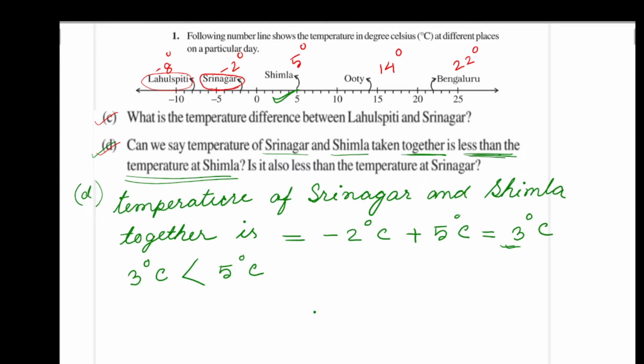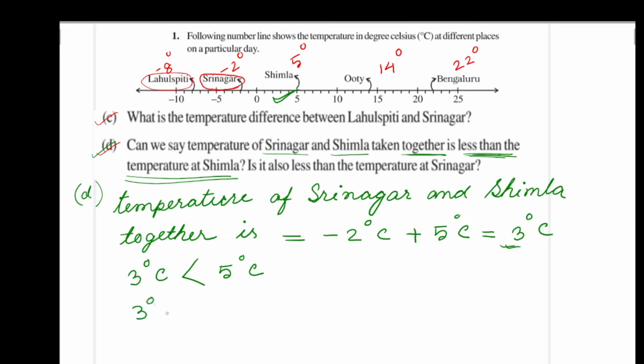Next come to the second part. What is given in the second part? Is it also less than the temperature at Srinagar? What is the temperature of Srinagar? Minus 2 degree. So, minus 2 degree is less than minus 2. Just a minute. Here it is asked that together it is 3 degree.